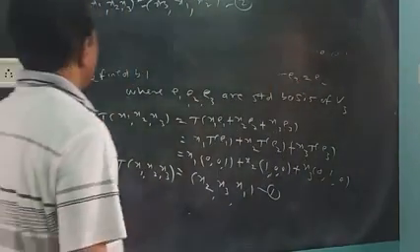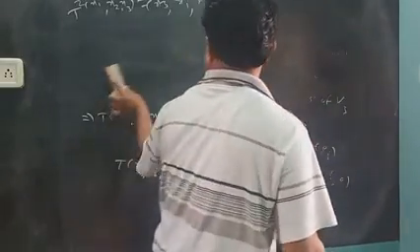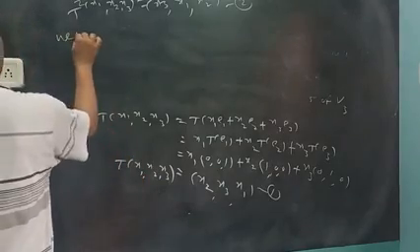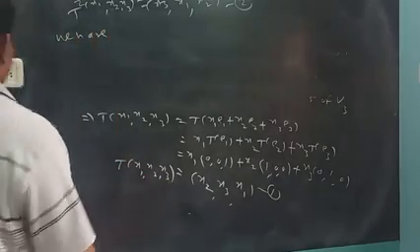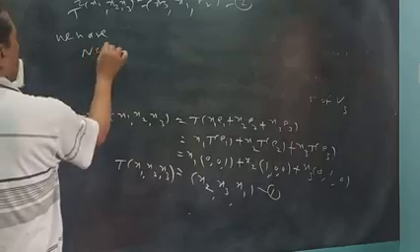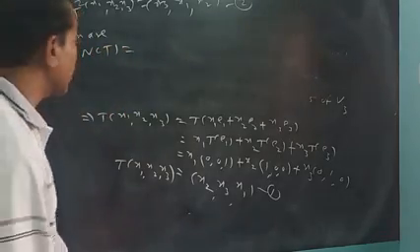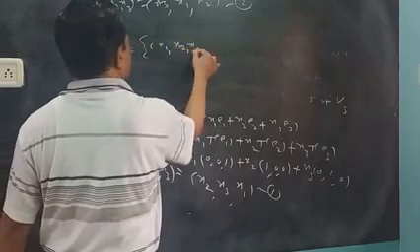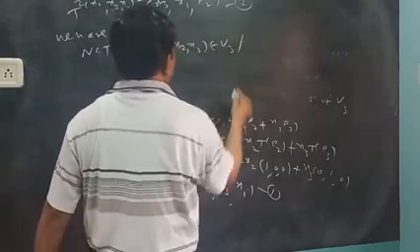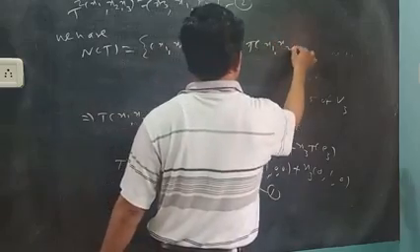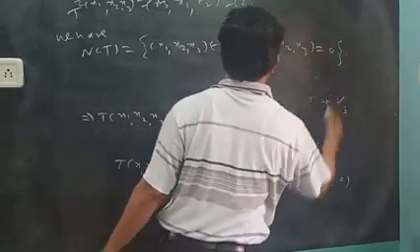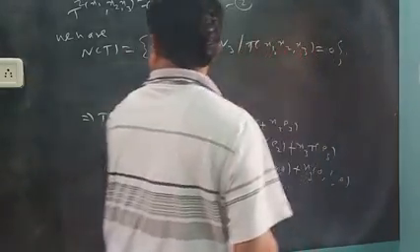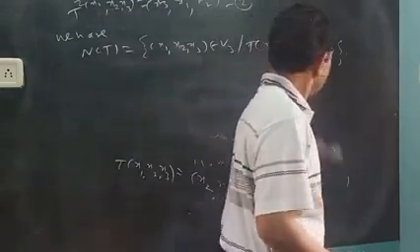Now T inverse. For T inverse, I want to show T is 1-1 and onto. T is 1-1 when the null space NT equals 0. So first find the null space: NT is the set of x1, x2, x3 in V3 such that T of these equals 0. By definition, NT is the set of u in the domain such that T of u equals 0.